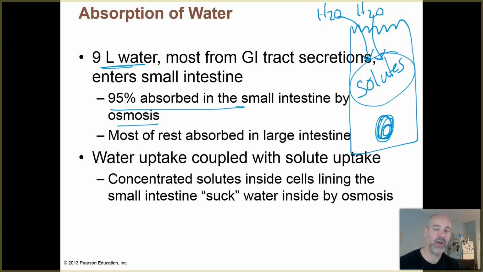Water follows other types of hydrophilic solutes as well. So simply because you have a much higher concentration of solutes inside the epithelial lining of the small intestine, that's going to suck water across and into those cells. So osmosis is responsible for about 95% of our water uptake. The rest of it's going to be absorbed in the large intestine, as we'll see when we talk about the colon.